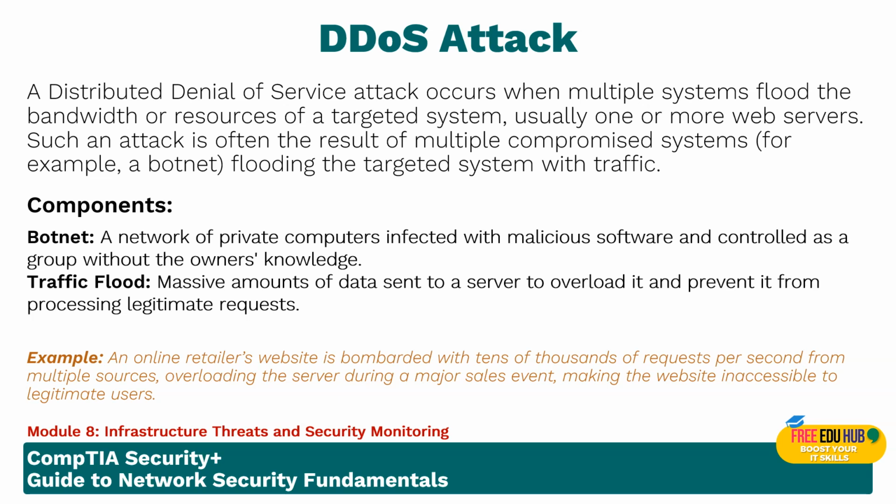This overload aims to exhaust the resources of the target system, such as network bandwidth, server processing capacity, or application resources, causing slowdowns or complete outages of the systems. The distributed nature of these attacks, often involving networks of compromised computers or bots, makes them particularly difficult to mitigate and to trace the actual perpetrators.